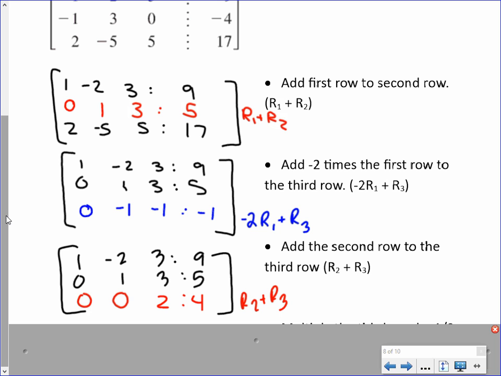All right, so I'm getting closer, right? The zeros have now shifted over. Is it row echelon form yet? No, what do we have to do to the third row?